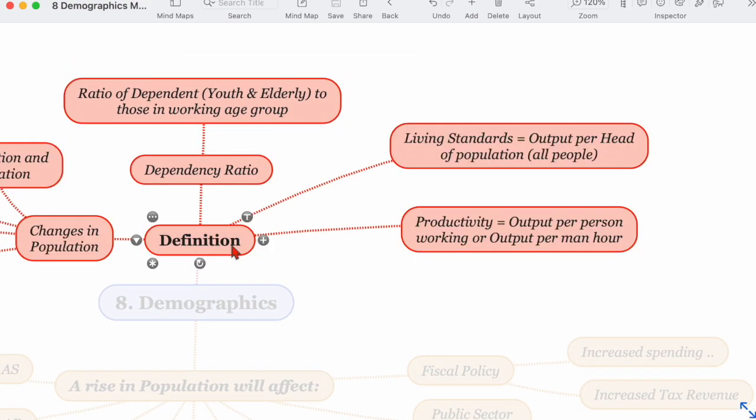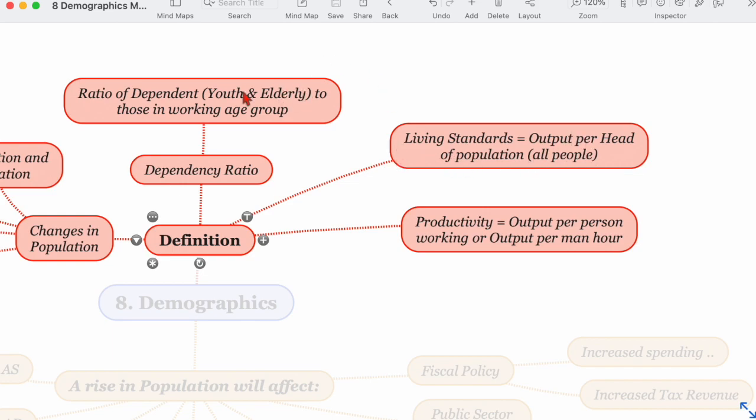And lastly, we need to think about living standards and productivity, and make sure that you don't mix these up. Productivity is the output per person that is working, so it's those in the working age group. Sometimes they call it output per man hour or output per person. But it's the output for those who are working, whereas living standards gives us the idea of output per head of population, that's all the people in the population.